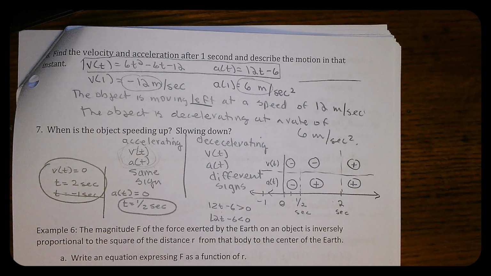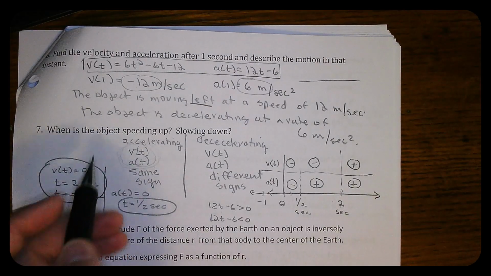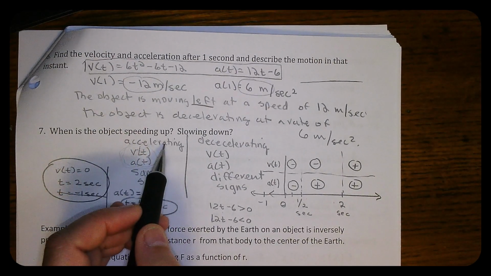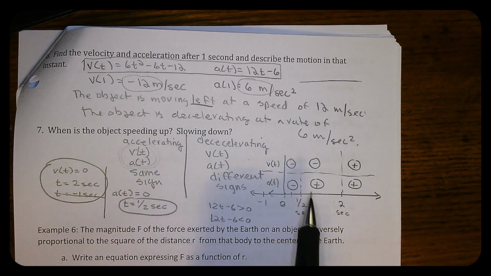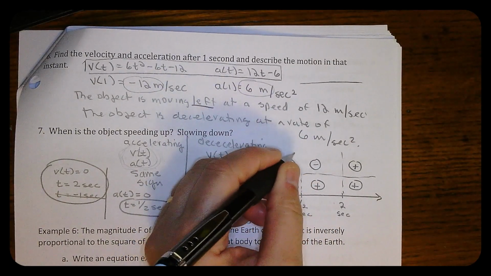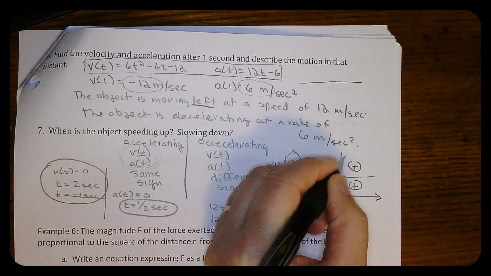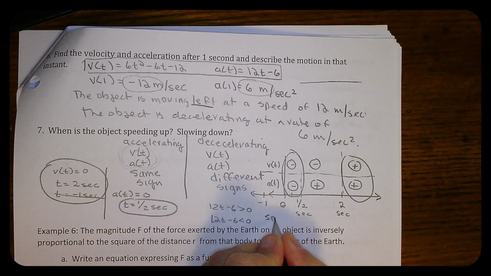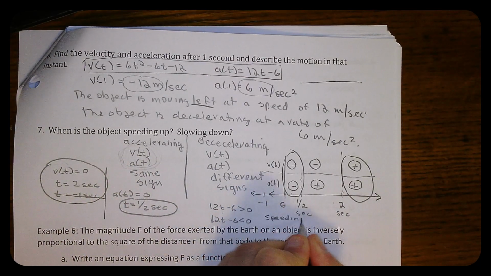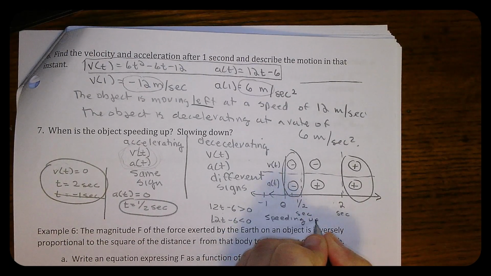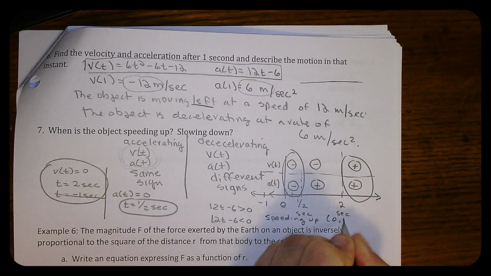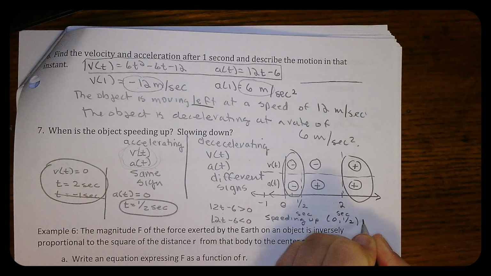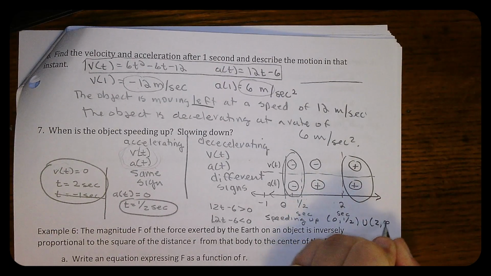All right, so the object is speeding up when the signs are the same. The signs are the same in 2 places, right here and right here. So the object is speeding up or accelerating on the interval from 0 to 1/2 and from 2 to infinity.